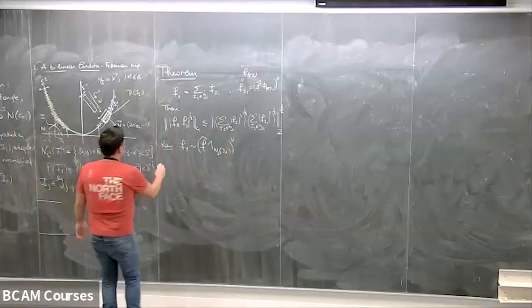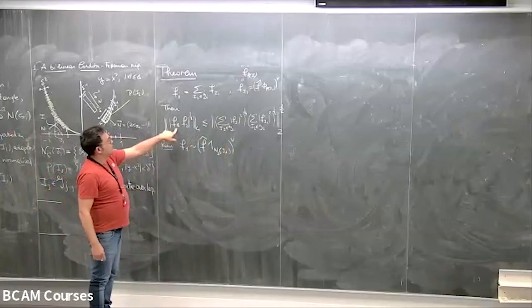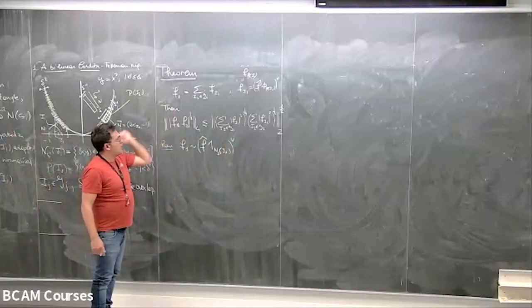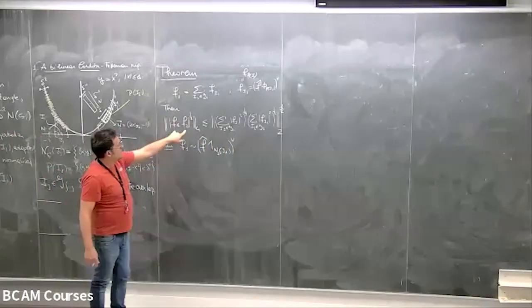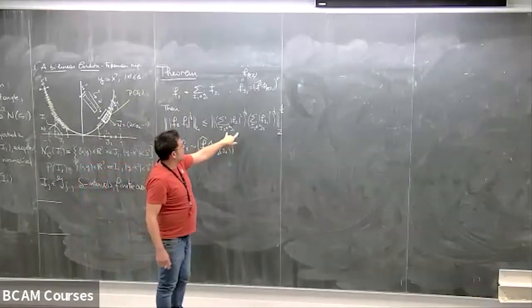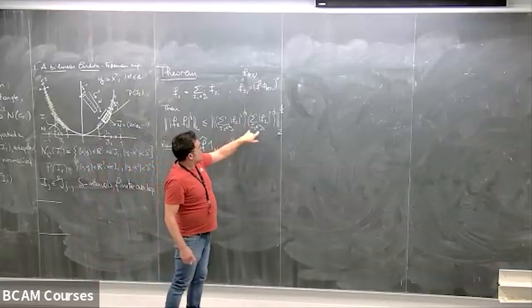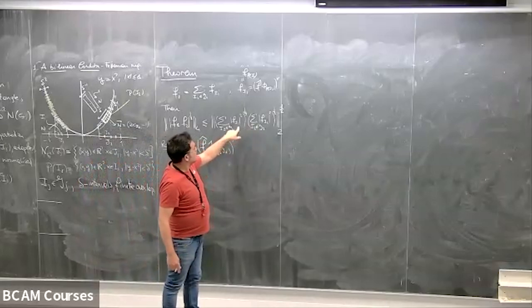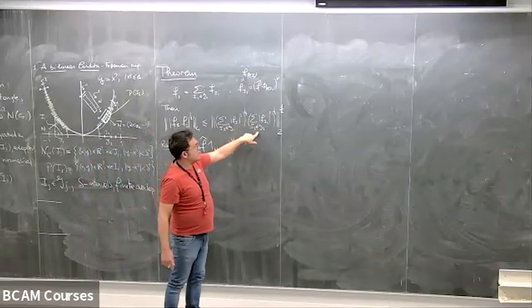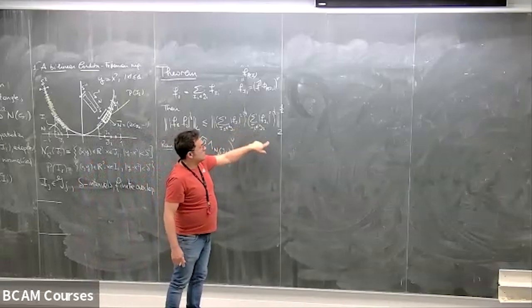And the inequality is the following: the multiplicative average of f1 times f2 in L4 is controlled by the multiplicative average of the square functions associated to the decompositions I1 and I2, in L2.